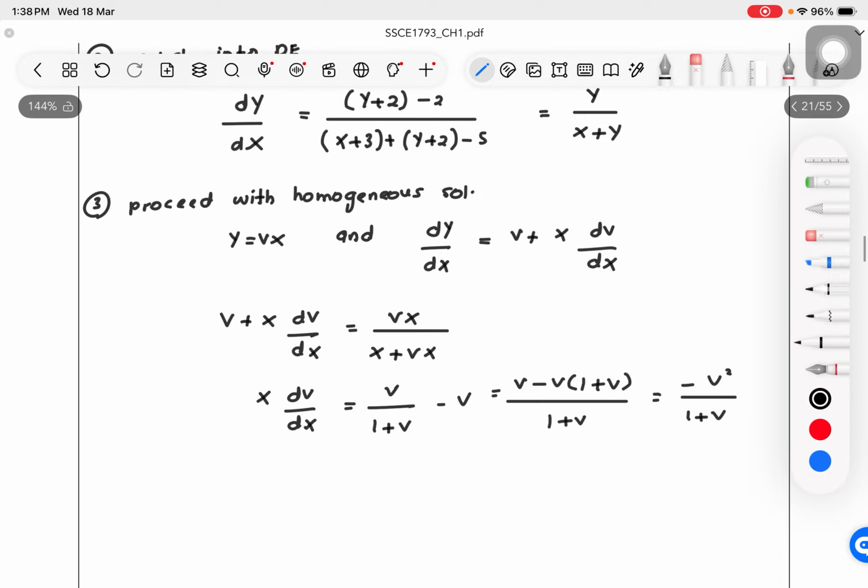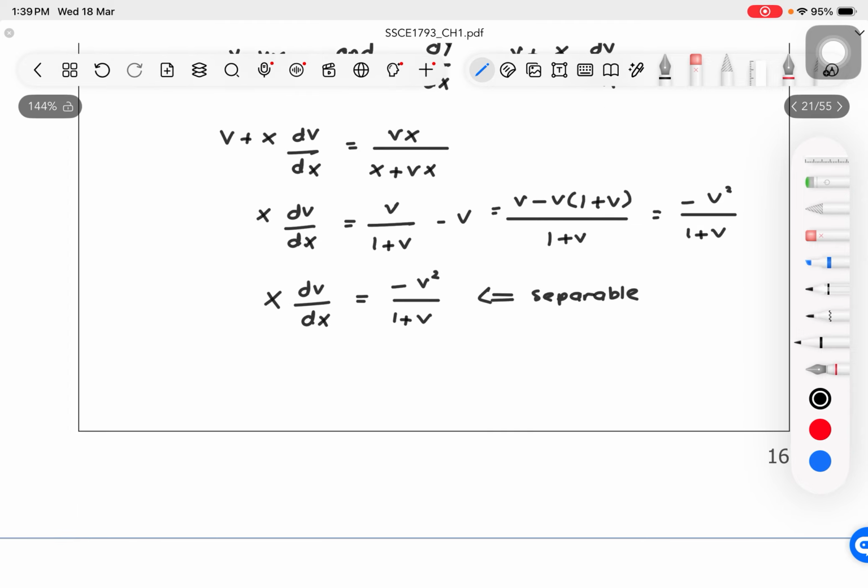Now you separate the variables. One plus v. You can see that this one is separable. Once you can separate it, you integrate both sides.